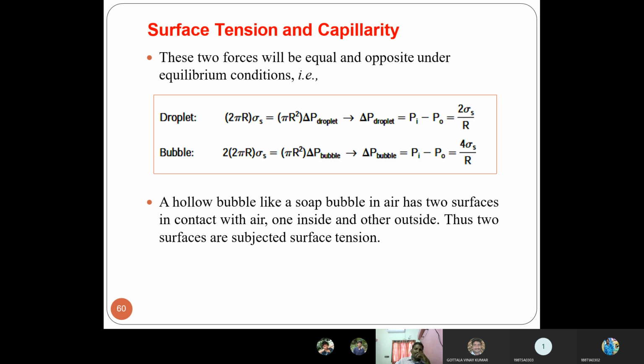The outside surface is in contact with air, and the inside surface is also filled with air. So these two surfaces will have the surface tension, and that is why we have to consider two surfaces. So the pressure difference is 2 into 2 sigma s by r, as both the inside and outside surfaces are subjected to surface tension.